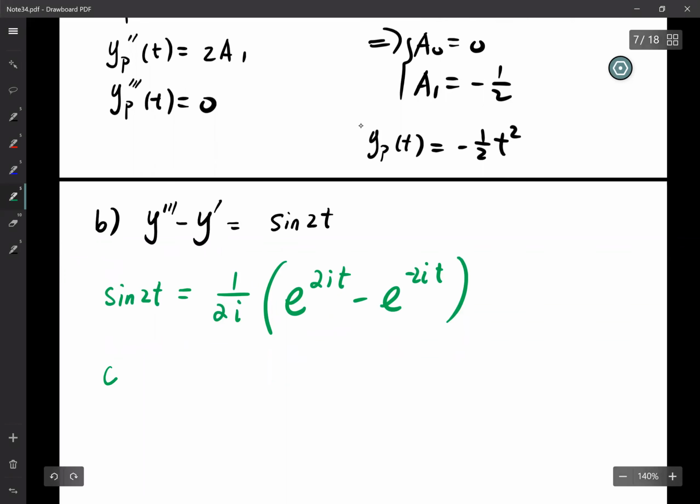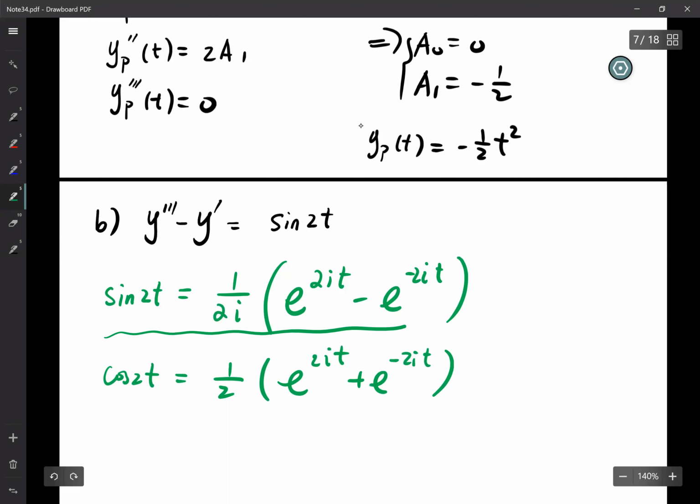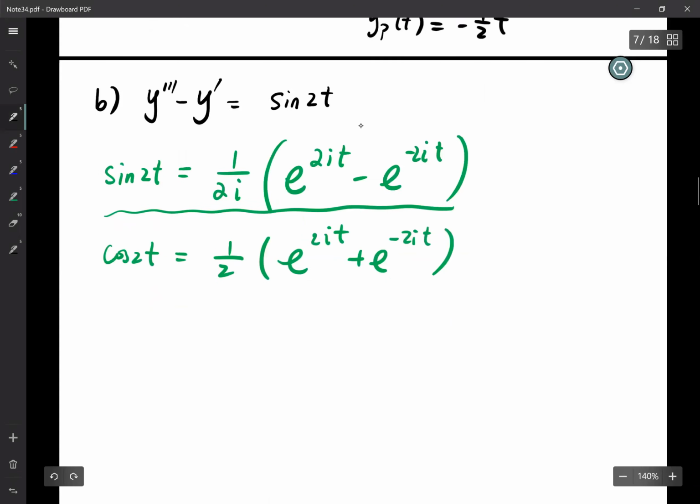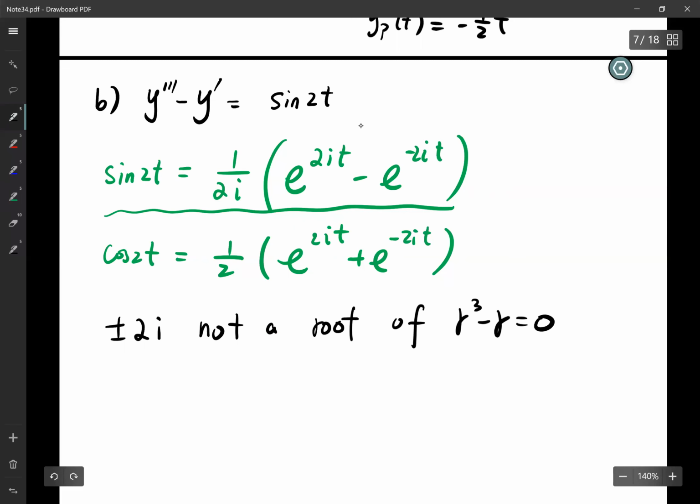So this is very much analogous to the cosine case, maybe you're more familiar with that, and this is just the imaginary part. They're equally useful. Okay, so now I know that 2i is not a root of the auxiliary equation, cube minus i equal to 0.